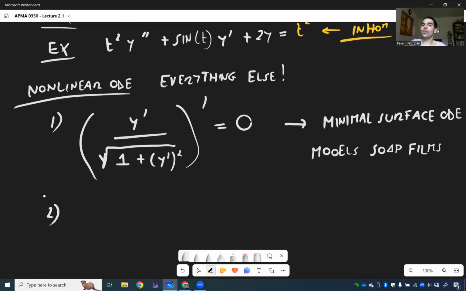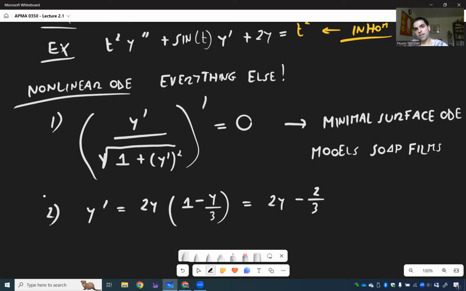This is a little bit too hard to study. We'll not do it in this course, but one equation that we will study is simply y prime equals 2y times 1 minus y over 3, which is a nonlinear ODE because of the square term. So say 2y minus 2/3 y squared. So it is nonlinear. And that we will solve explicitly.